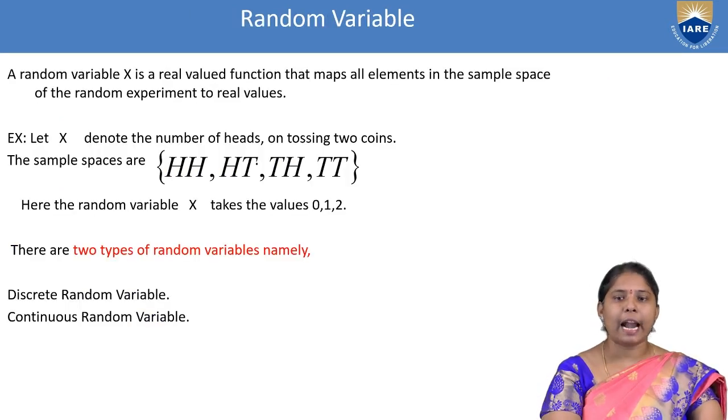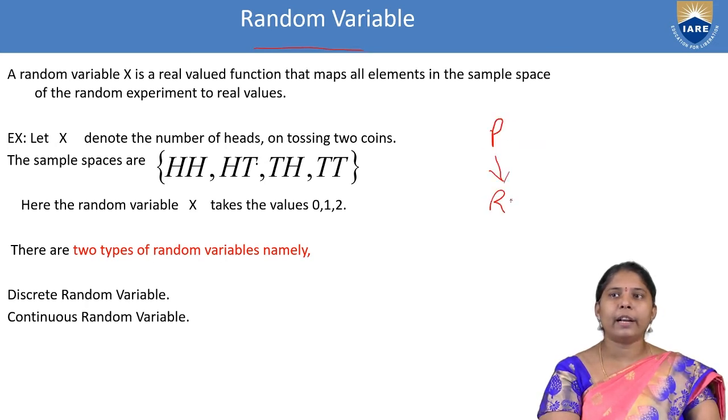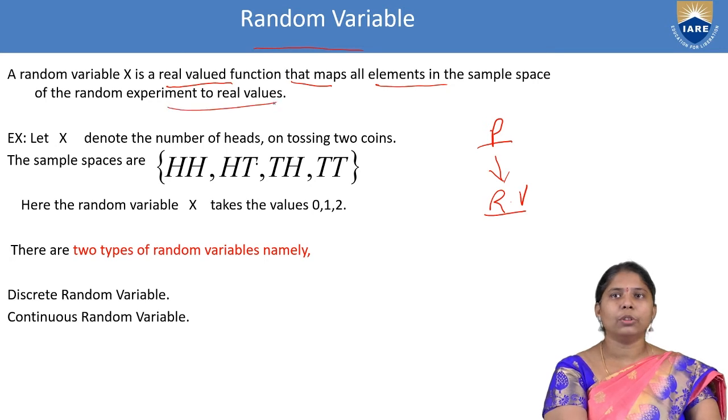Next, what is a random variable? Just now we discussed probability in the previous slide, but a random variable is derived from the probability. A random variable is a real valued function that maps all elements in the sample space to real values. In the coin experiment, head and tail are the outcomes. These are English letters, but when we build a mathematical model, we need to assign some value to head and some value to tail.